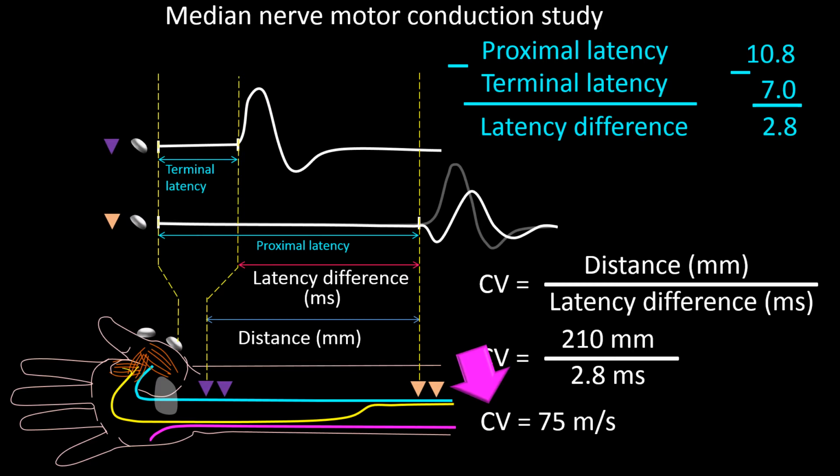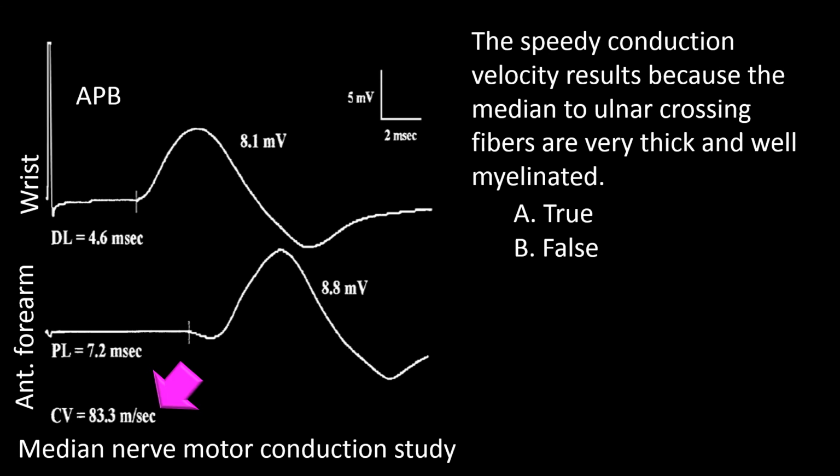It results from the method of calculation used and not from the fibers conducting any faster than they would otherwise do. That is, it is not an increase in the thickness or myelination of the fibers going through the Martin-Gruber anomaly that contributes to the speed of conduction in these cases. So the answer to this question is B.